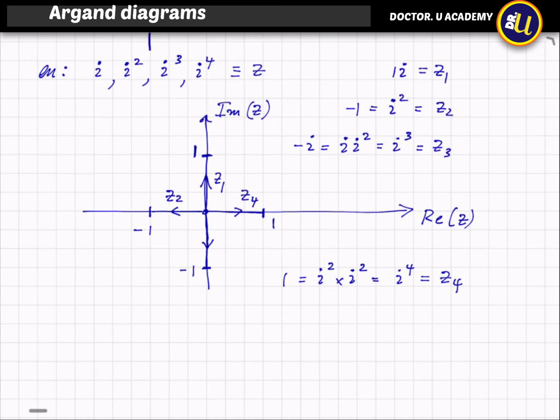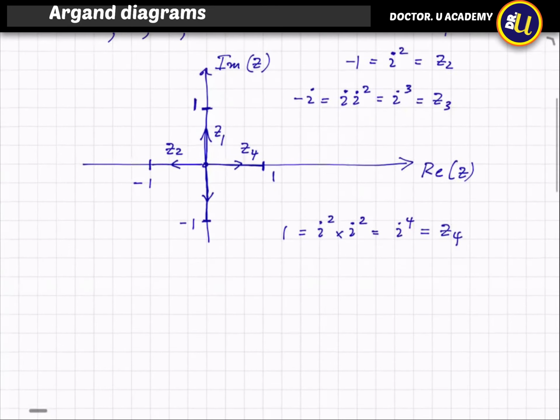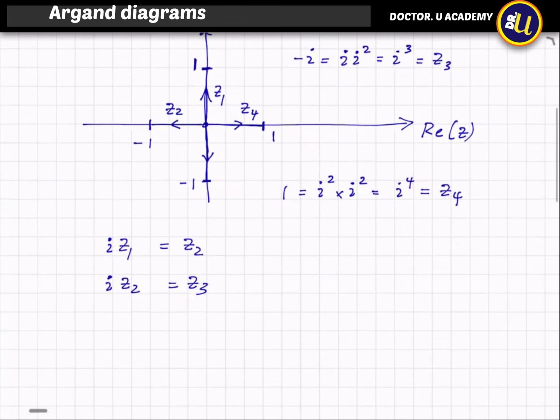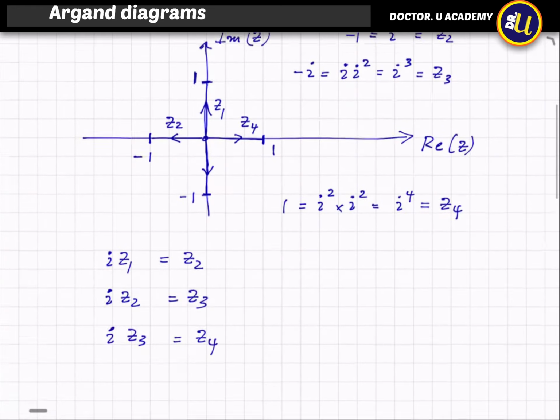Now what we can summarize here is this: you take z1 multiplied with i, you get z2. Take z2 multiplied with i, you get z3. Then z3 multiplied with i, you get z4. So what is happening here?